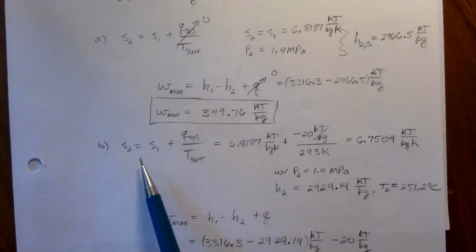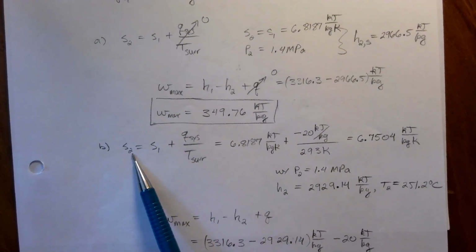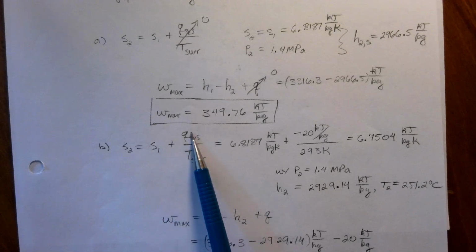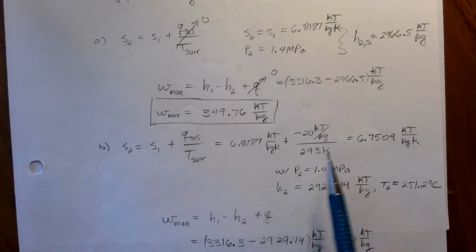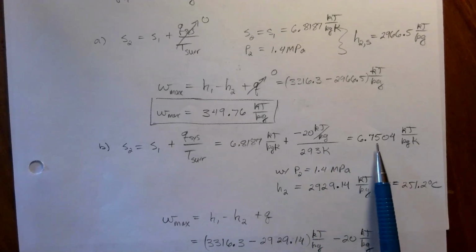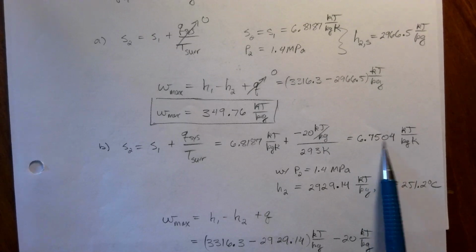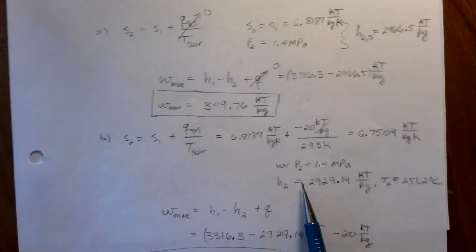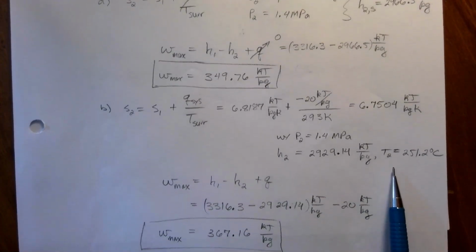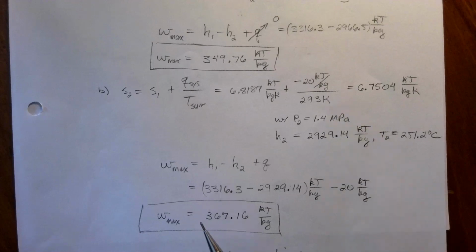Go to case B, and so we'll use the same equation again. S2 equals S1 minus the Q. This time this Q doesn't disappear. It's not 0. This is a minus 20 kilojoules per kilogram. Temperature of the surroundings is that 293. Alright, so now S2 is not equal to S1. It's a different value, but we can use that S2 value and the pressure to define state 2, so we can come up with an H2 and a T2 through property evaluations at the exit.